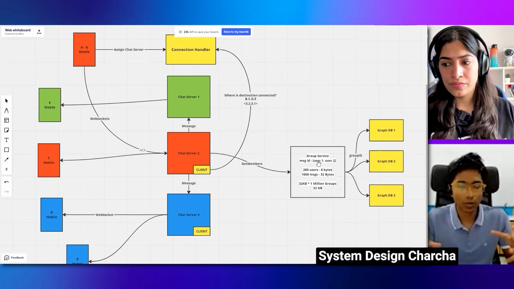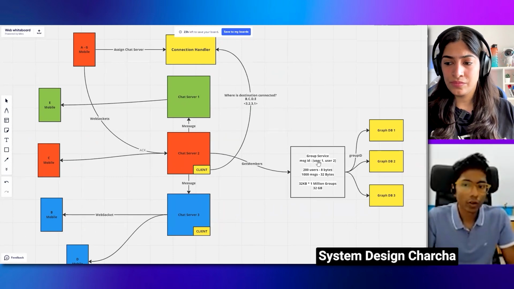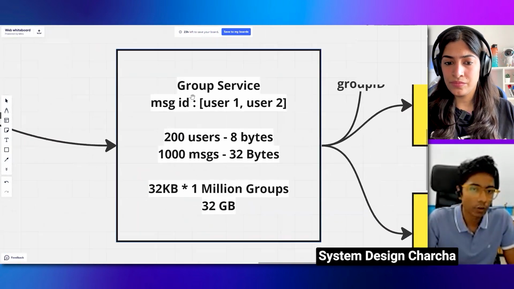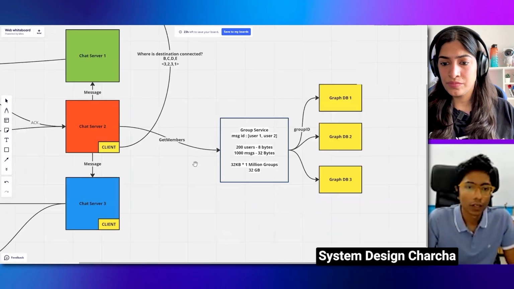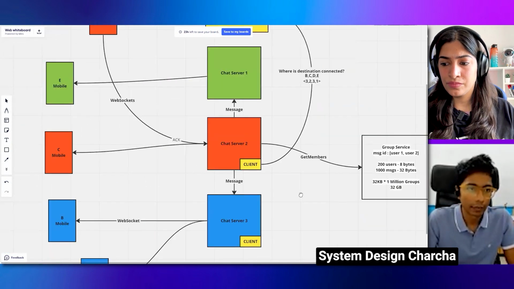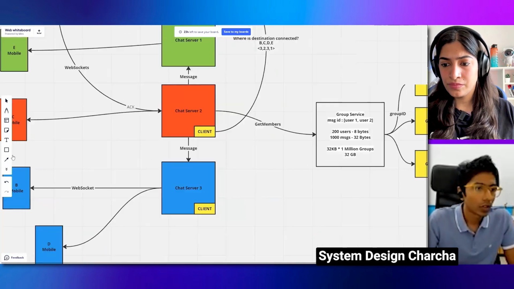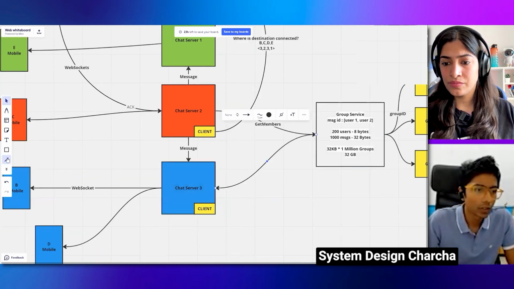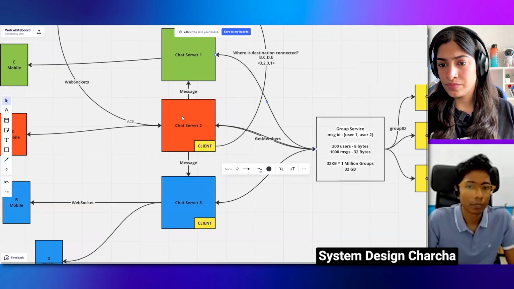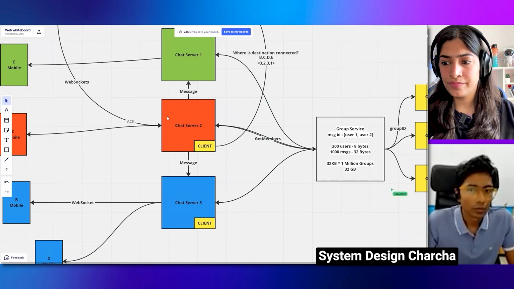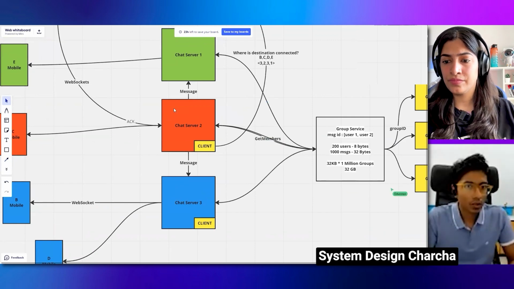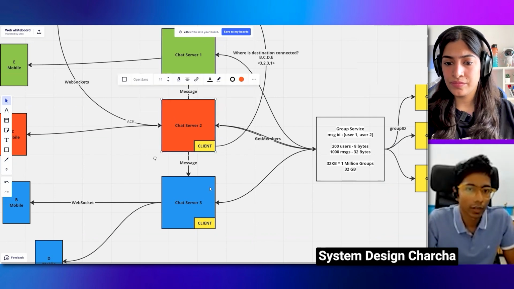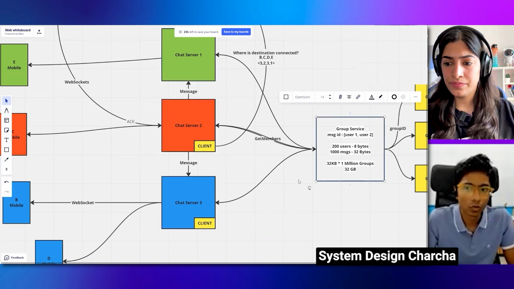All the read receipts will basically remove all users from this message ID key value pair, and then we can send a broadcast delete message to all chat servers saying that please delete this message ID. Or at least we can broadcast to the set of chat servers belonging to that group, which is known by the group service.